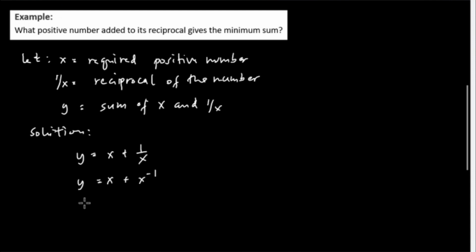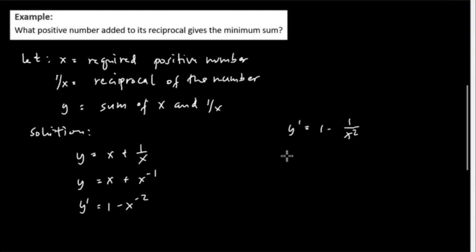And that's the time we derive. So we have y prime, and the derivative of x is 1. And the derivative of x to the negative 1 is negative 1 times x to the negative 1 minus 1, or negative 2. And this will be y prime is equal to 1 minus 1 over x squared.